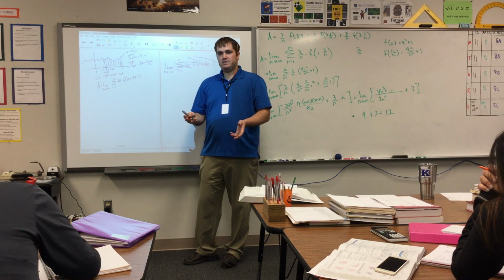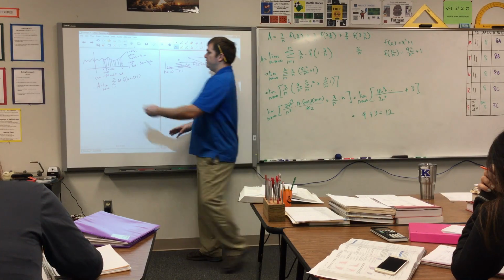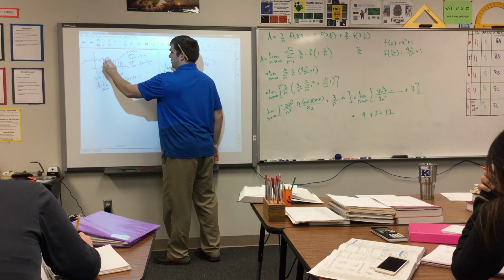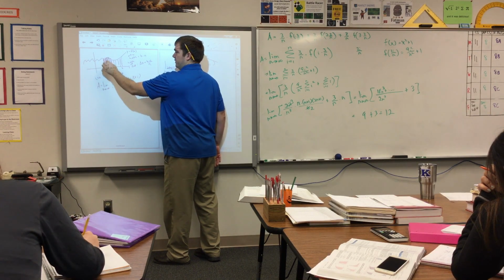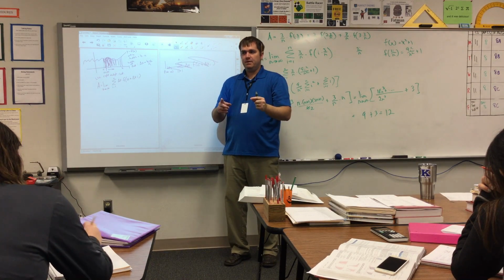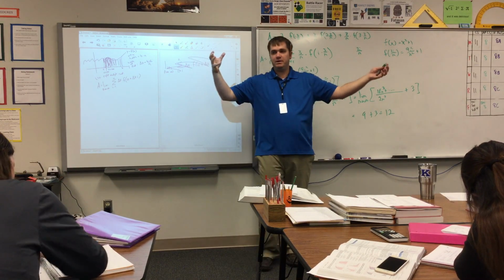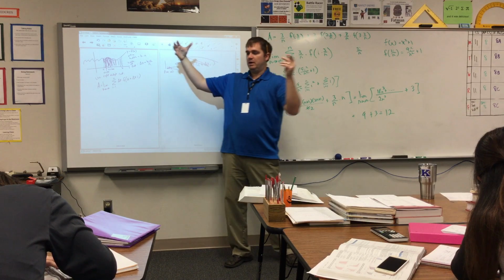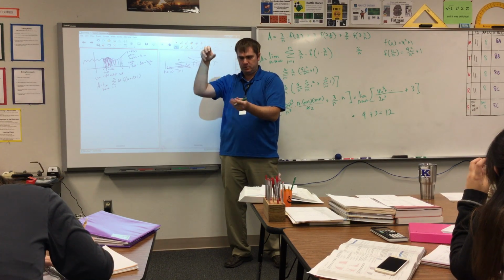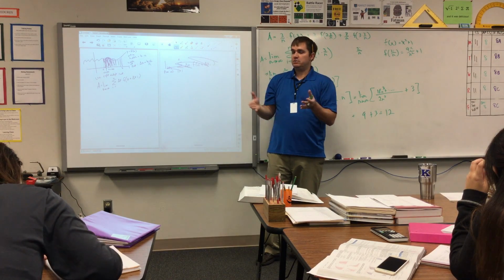And what's even better is, in the end, it really doesn't matter whether you're using right endpoint or left endpoint rectangles, because in the end all of those rectangles are getting infinitely small, and we're adding up an infinite number of them. So whether you're approaching from an overestimate or an underestimate and getting closer to the correct answer, you're still going to get to the correct answer no matter what.